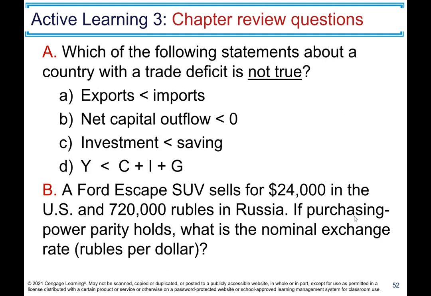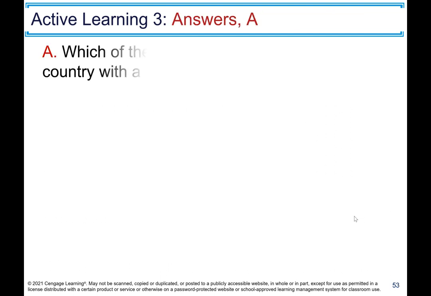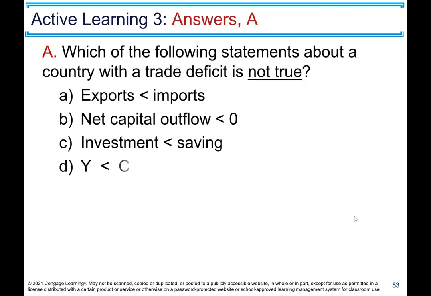Y is less than C plus I plus G. Number B. A Ford Escape SUV sells for $24,000 in the US and 720,000 rubles in Russia. If purchasing power parity holds, what is the nominal exchange rate, in rubles per dollar? Answer.